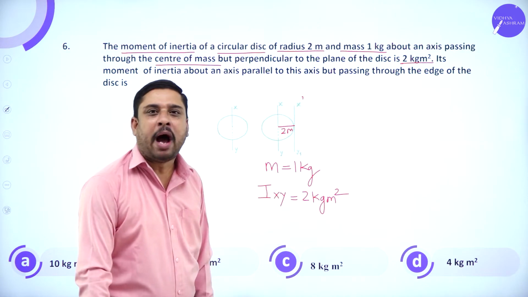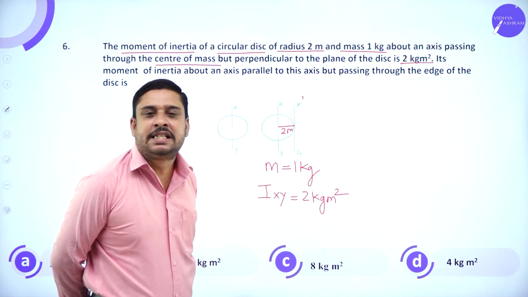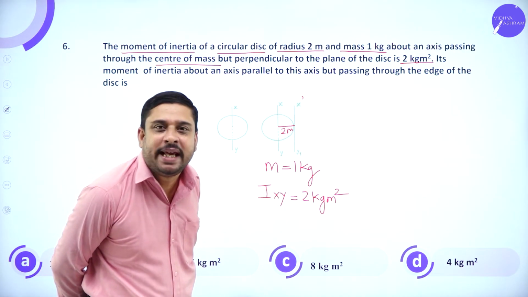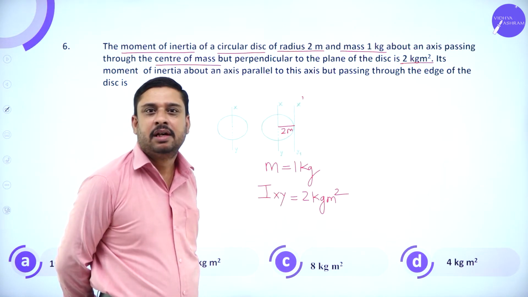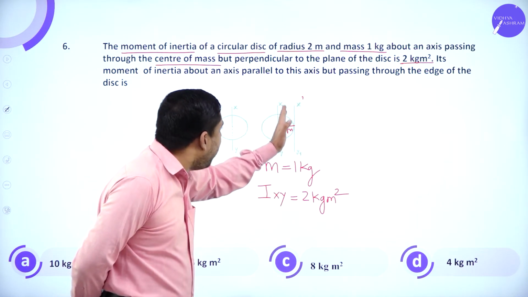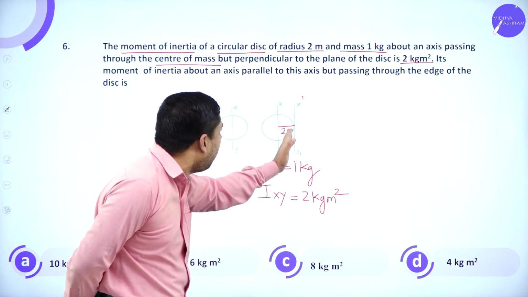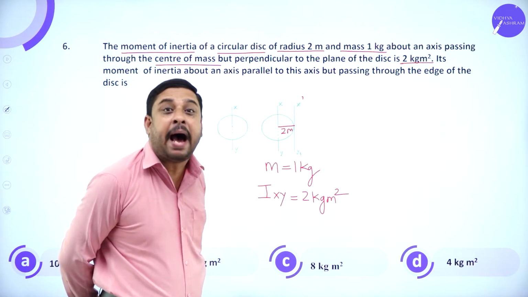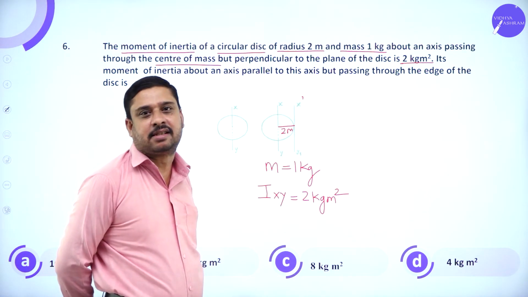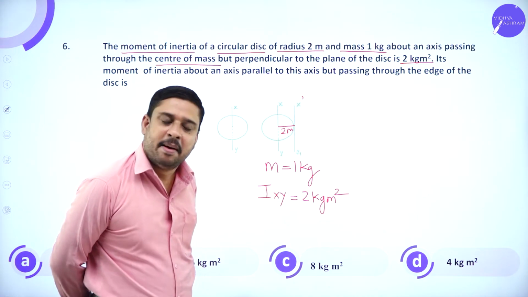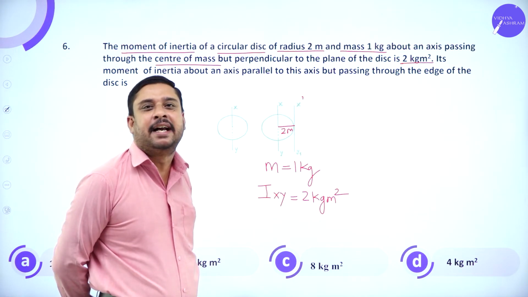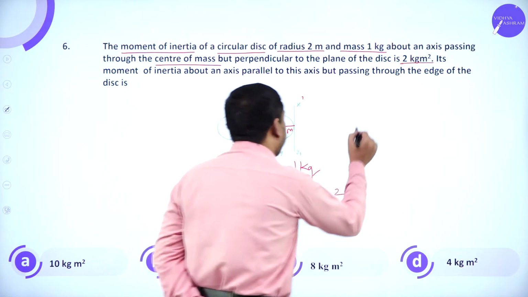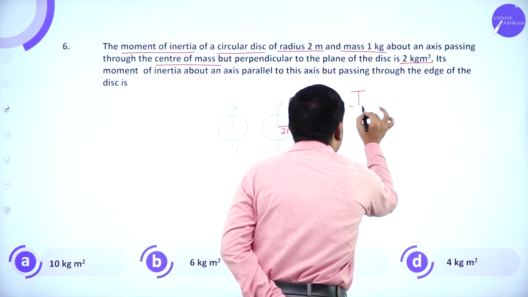There are two axes which are parallel to each other, and we need the moment of inertia about a parallel axis. Yes, parallel axis theorem. So what does the parallel axis theorem say?